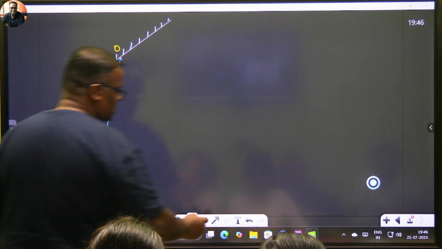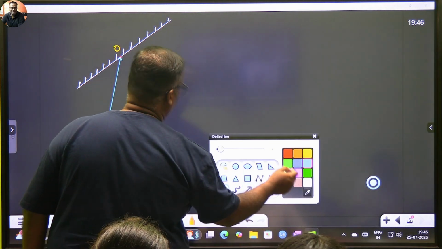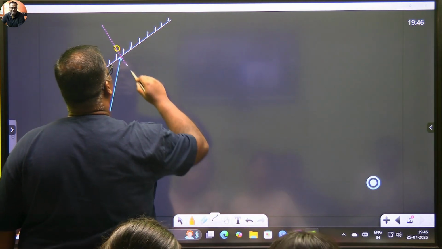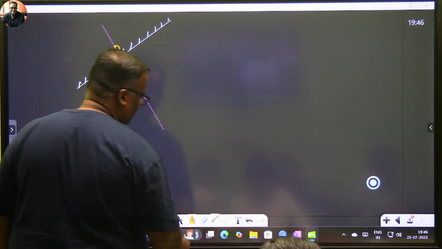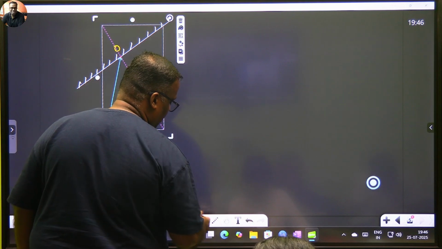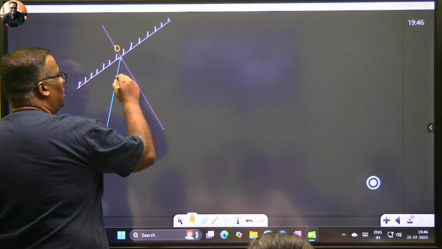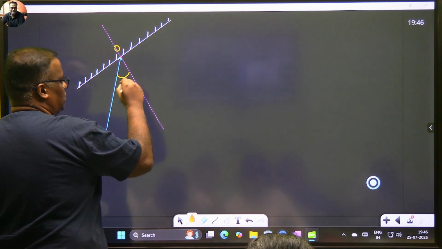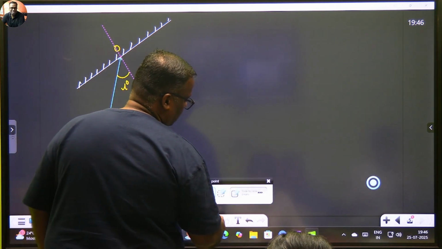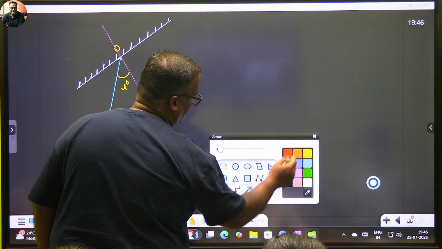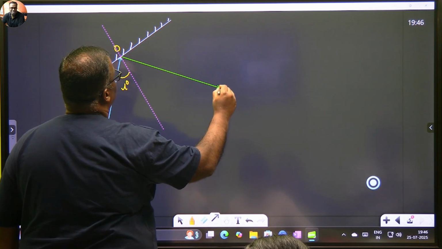At the point of incidence, we always make something which is known as the normal. So let's make the normal at the point of incidence. Normal means 90 degrees at the point of incidence. Now the angle that the incident ray makes with the normal is called the angle of incidence, which is denoted by I. And the laws of reflection tell me that the reflected ray will have an angle exactly equal to the angle of incidence.